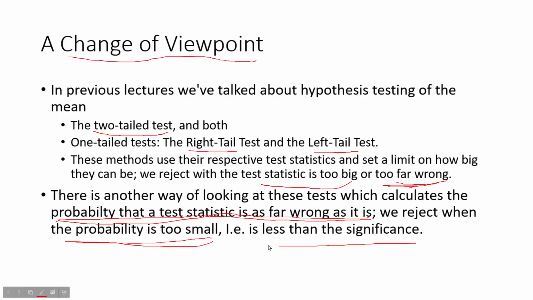That is, if it's less than the significance. And so to do this, all we have to do is to know how to calculate the p-value for each of the types of tests.